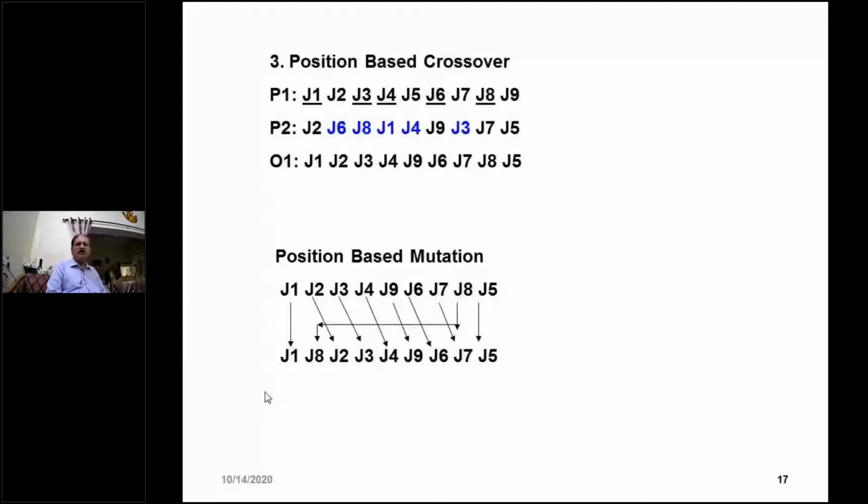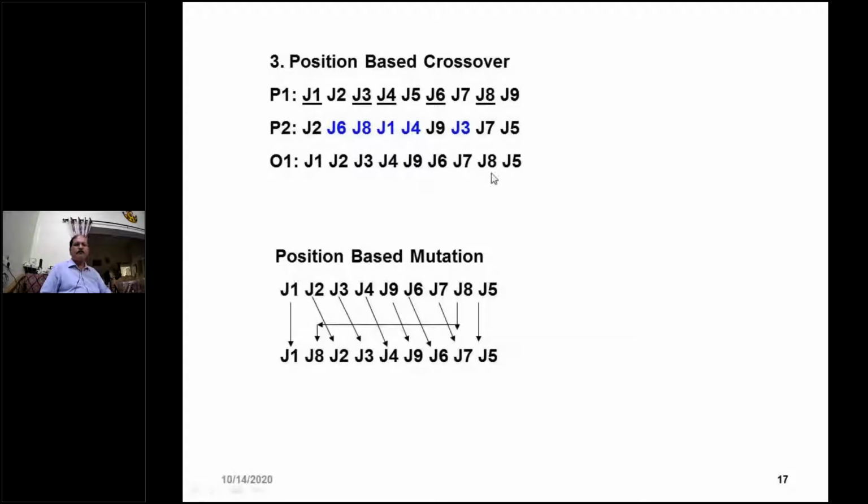In the position based crossover, suppose these 9 points are given, written J1, J2, J3 like this. Basically 1, 2, 3, 4. To represent properly, I have written J1, J2 like this. So J1, J2, J3, J4, J5, J6, J7, J8, J9.